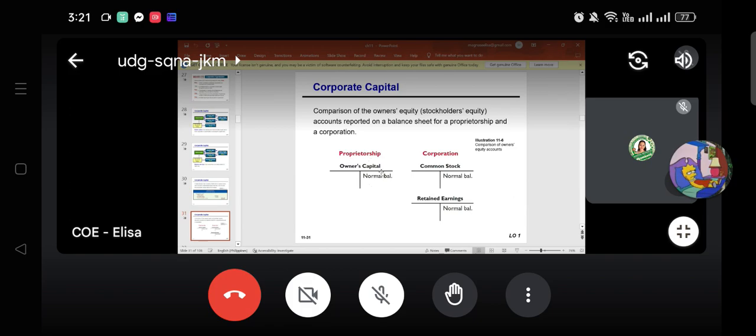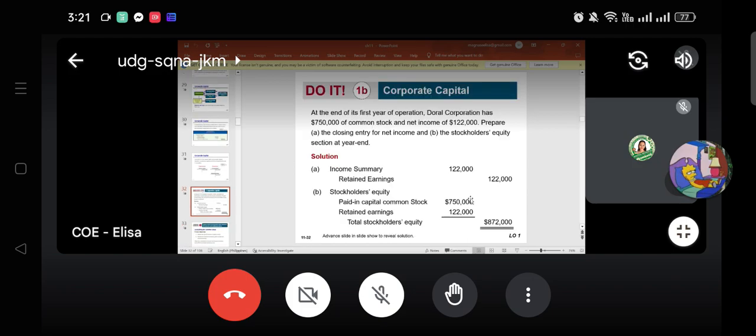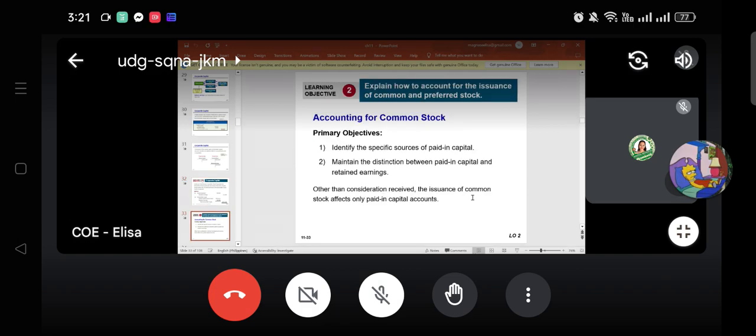But in a corporation, all earnings minus dividends will be reported in the retained earnings account, and all contributions of capital will remain in the common stock account. So that is the difference. In a proprietorship, the income is all closed to the owner's capital, but in the corporation, it remains in the retained earnings. Okay?